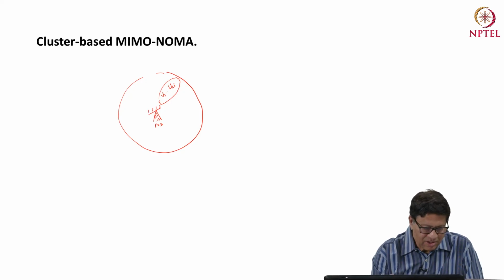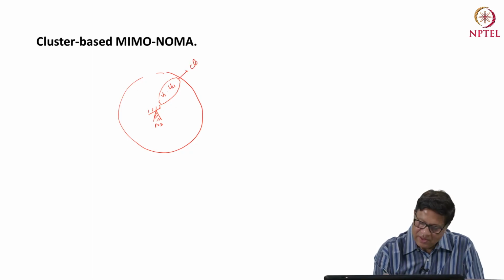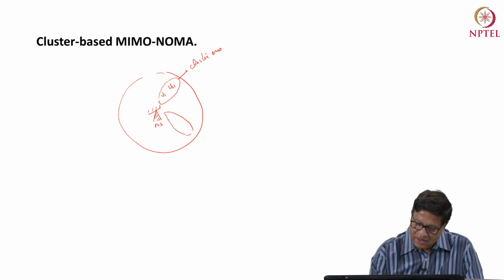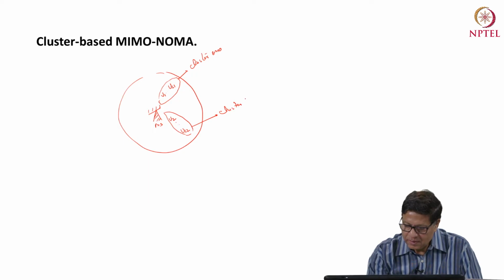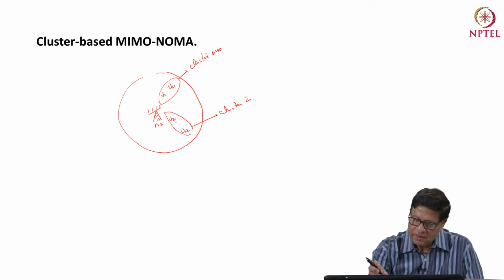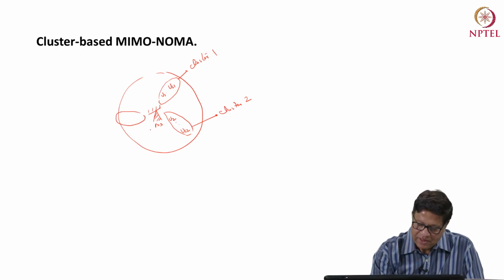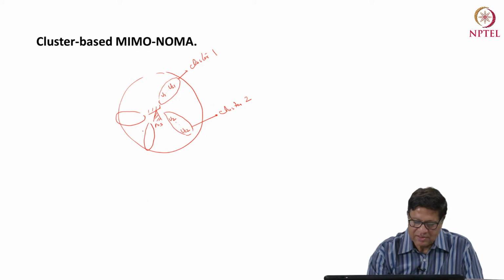This is cluster 1. And similarly, there can be another cluster, say U2 to UL users in cluster 2. This is cluster 2. And similarly, you can have cluster M or different clusters.